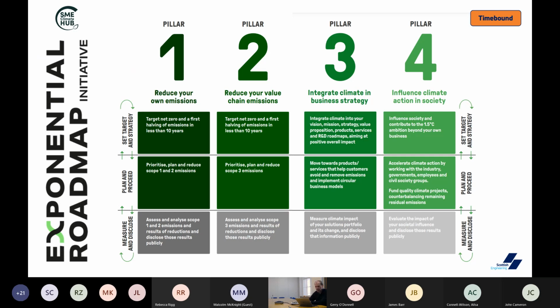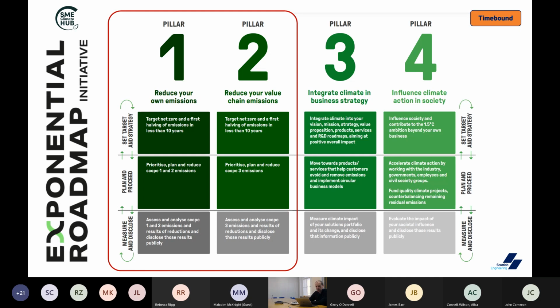Pillar 2 is about reducing the value chain emissions. Pillar 3 is about integrating climate change in your strategy. And Pillar 4 is about influencing, it's about educating, it's about your community. So what you would want to do is start your roadmap by focusing on Pillar 1 and Pillar 2.